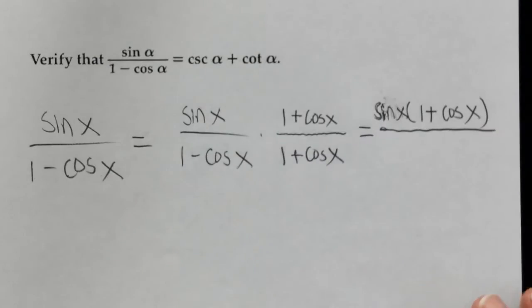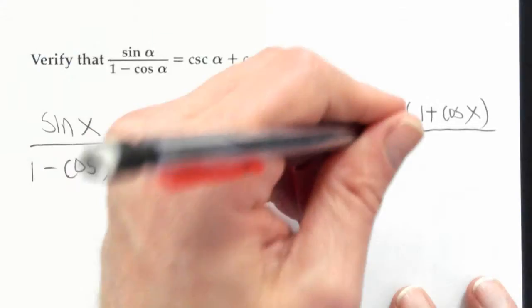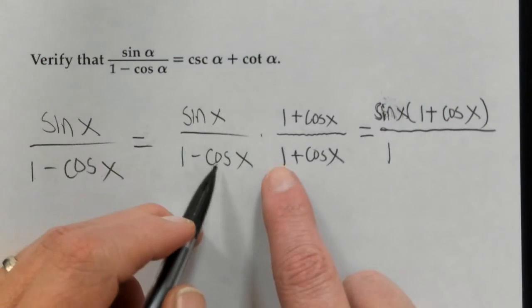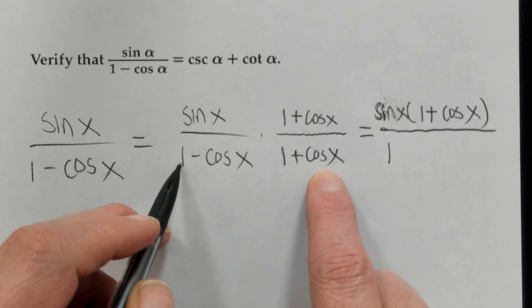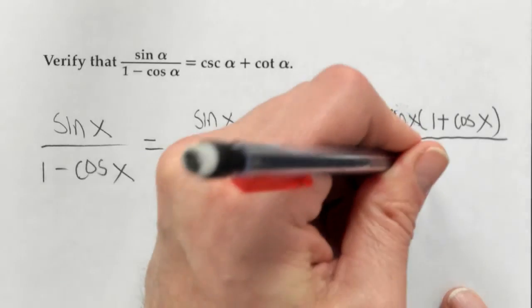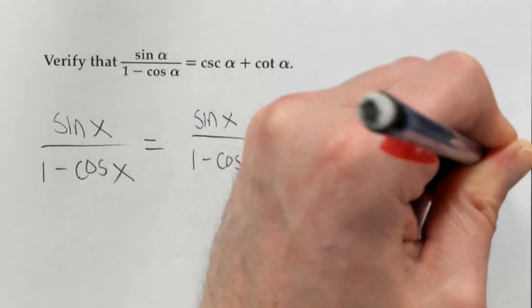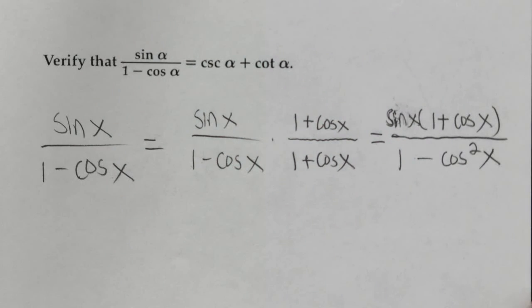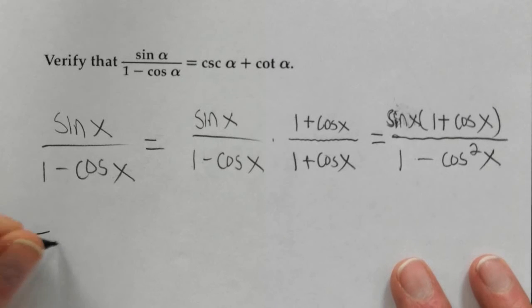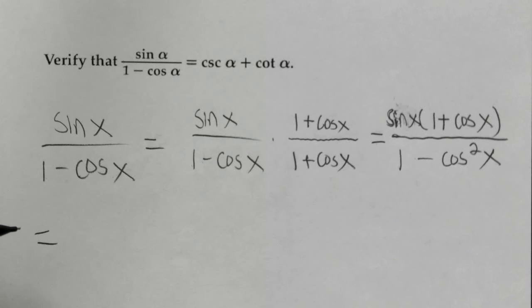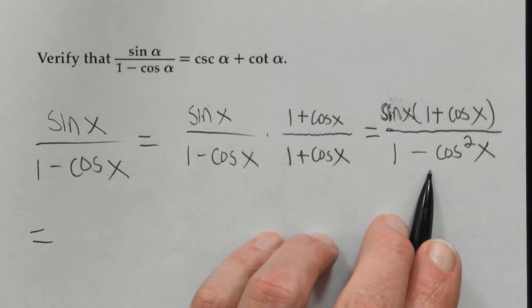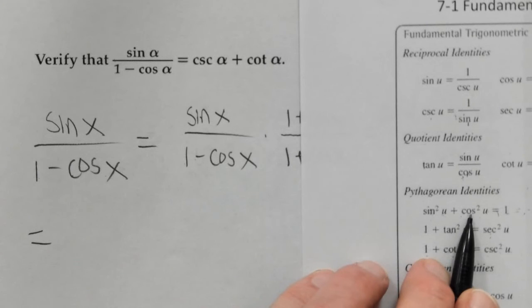Okay. And on the bottom, when I multiply that out, 1 times 1 is 1. Minus cosine plus cosine is gone. And then positive times a negative is a negative, and that's going to be cosine squared x. All right, so we've got that now. Remember, the whole purpose of doing this is so that we can now use this.